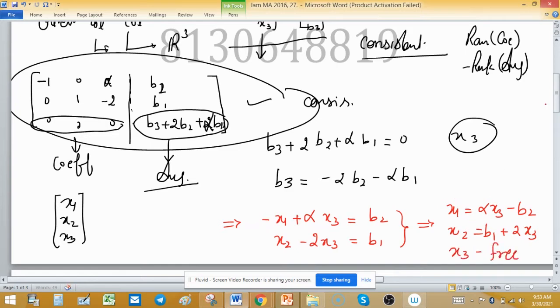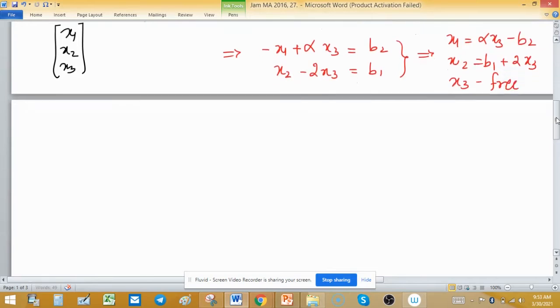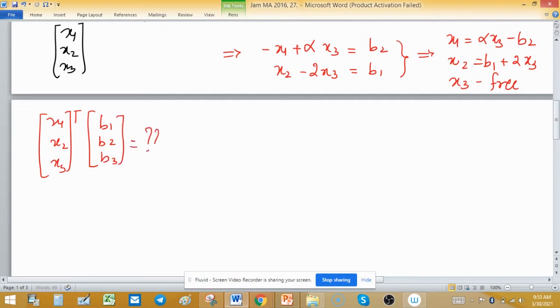So we have all constituents of the solution vector, x1, x2, x3, and we have to find the value of this one with column vector b1, b2, b3. What is this? So write this one as alpha x3 minus b2, b1 plus 2 times x3, and this is x3.